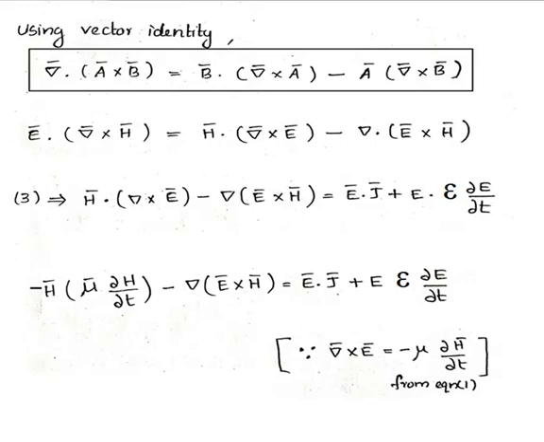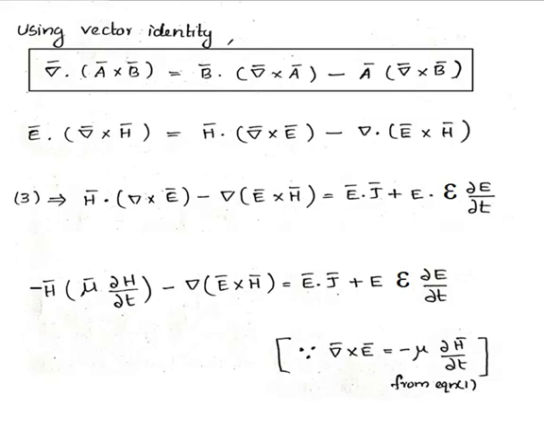That is, E dot del cross H is equal to H dot del cross E minus del dot E cross H. Therefore, equation 3 becomes H dot del cross E minus del dot E cross H is equal to E dot J plus E dot epsilon dou by dou t of E. From equation 1, del cross E is equal to minus mu dou by dou t of H. Substitute this value into equation 3.